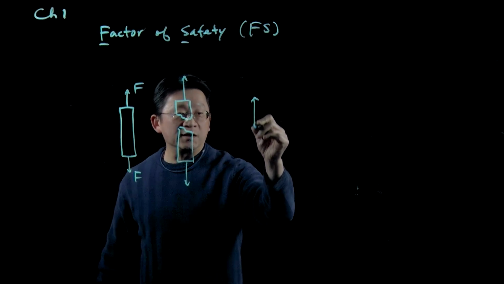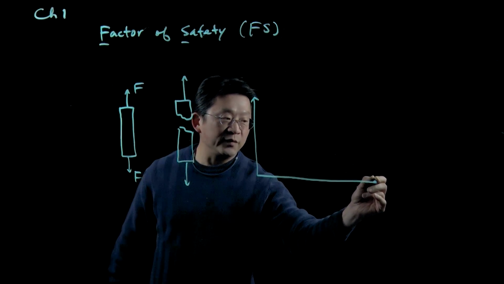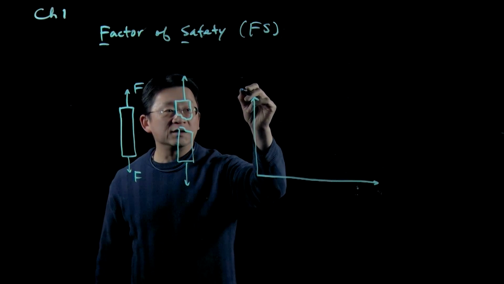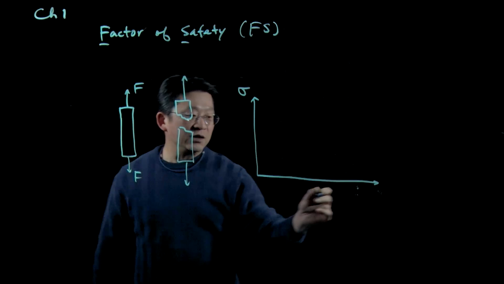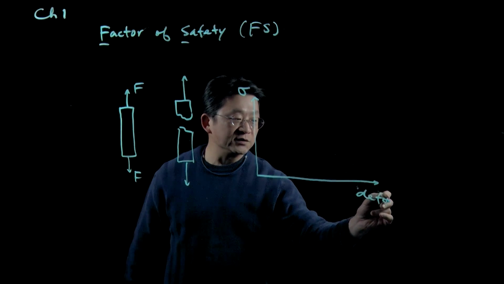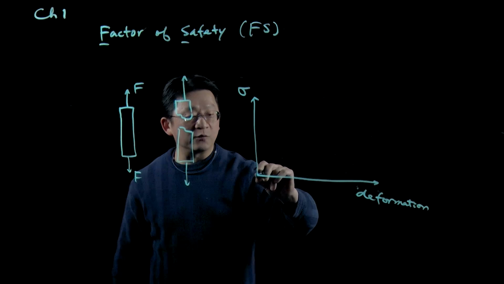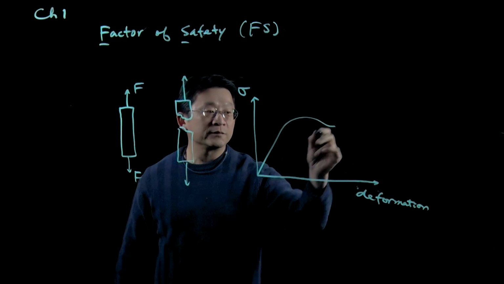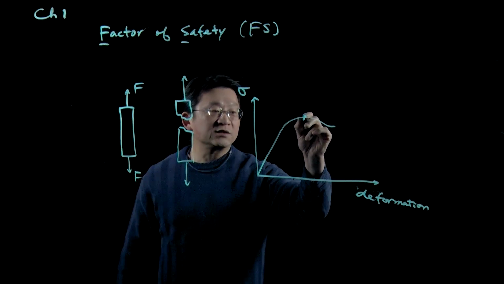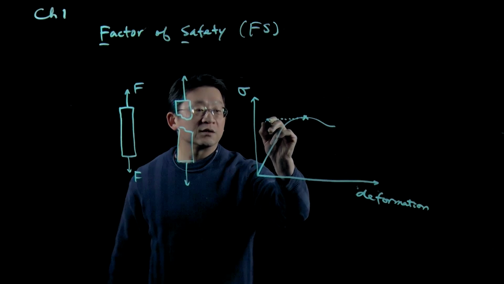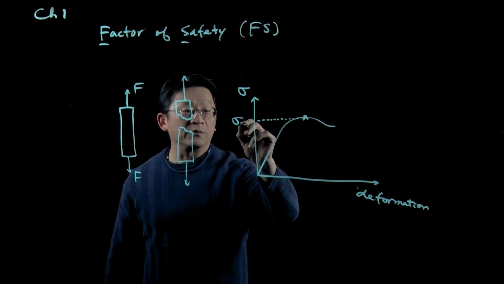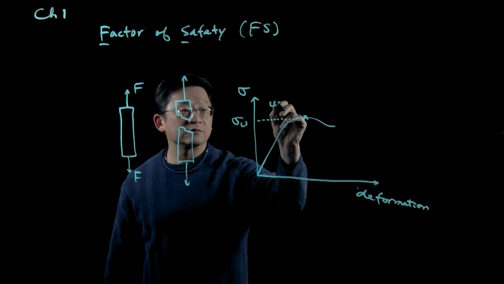So we increase the loading F. In our experiments, we record the normal stress compared to deformations of this material. Then we can record a certain curve. And at the maximum stress we can record, we call it the ultimate stress.